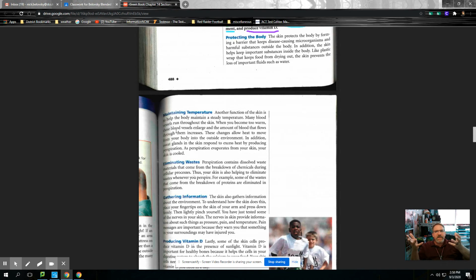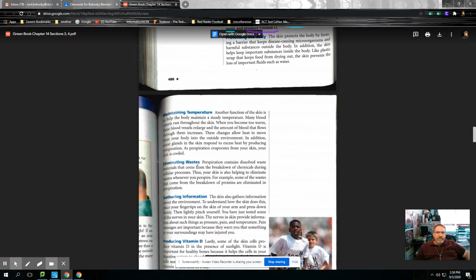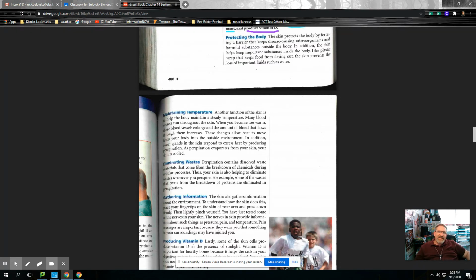And so that's why you turn red, is because your blood is just freely flowing through your arms and face. All right, eliminating waste. Okay. Your body, believe it or not, gets rid of waste product through your sweat.